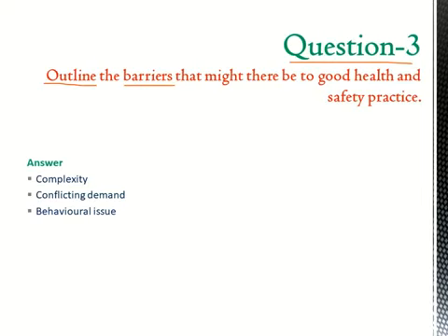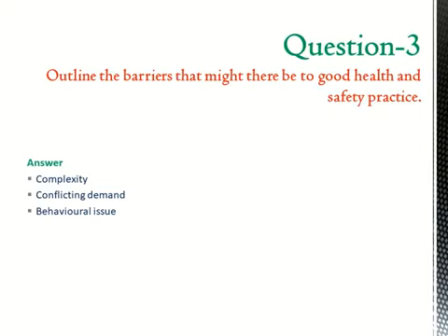So the next question, guys, which we are going to discuss is: outline the barriers that might be there to good health and safety practice. You have to answer in an outline way, so you need to explain a little bit, not too much explanation is required, but you have to complete your answer. So what are the barriers to maintaining a good standard of health and safety?